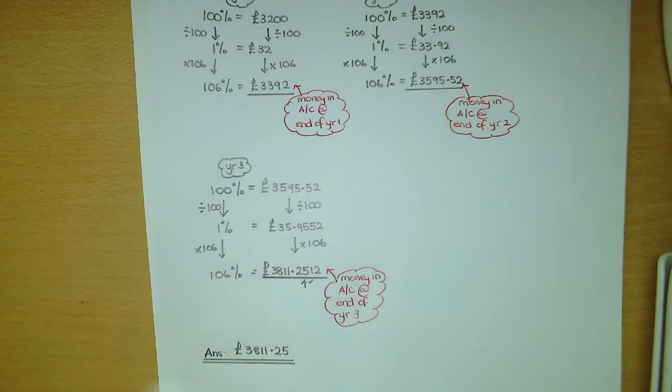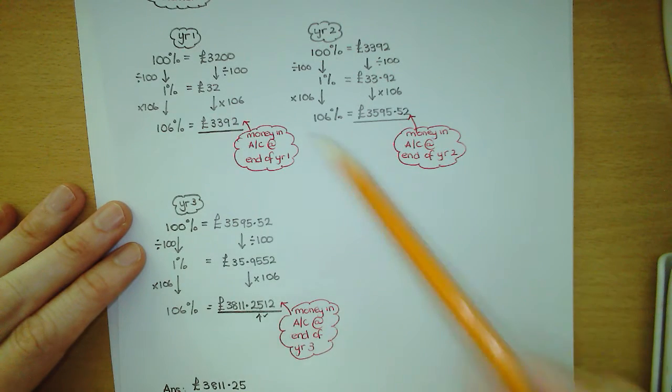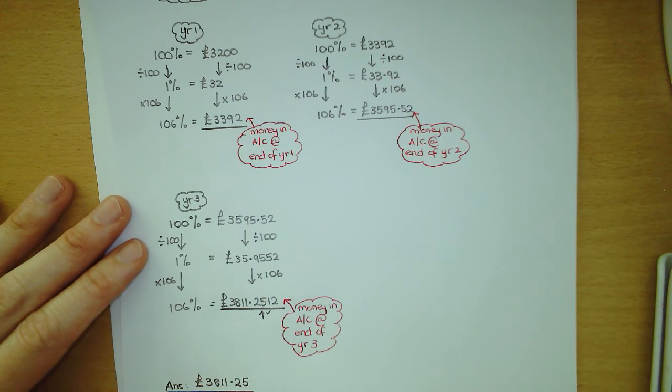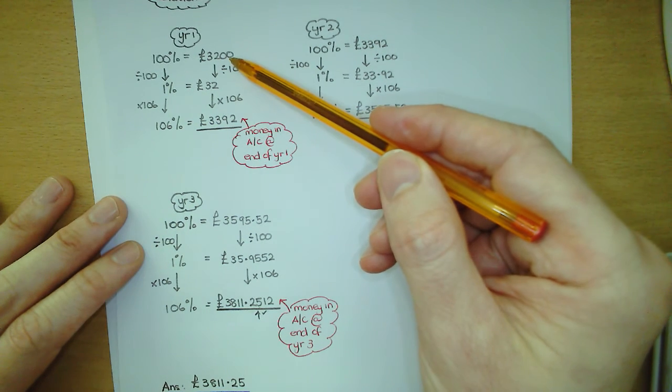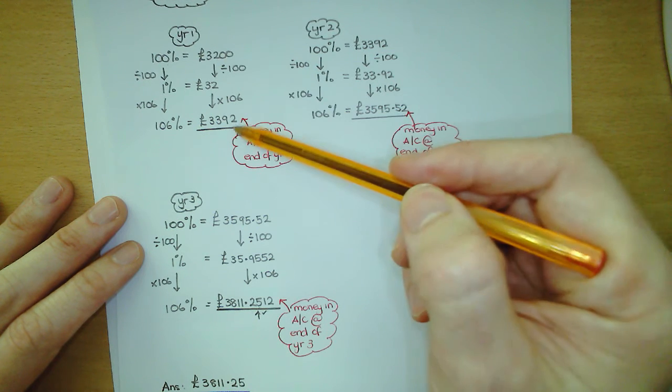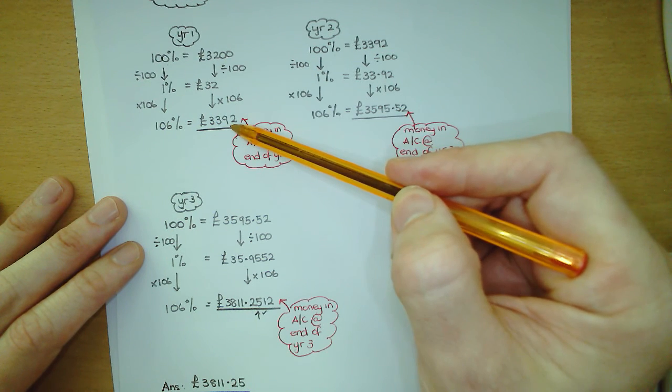Now, there's something else we want to highlight here. Again, the reason this is a compound interest question is because you're not receiving the same amount of interest each year. If you take a look at year 1, Mrs. Brown started with £3,200 and she finished with £3,392.